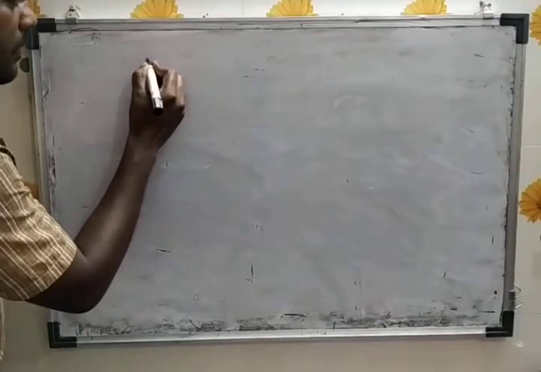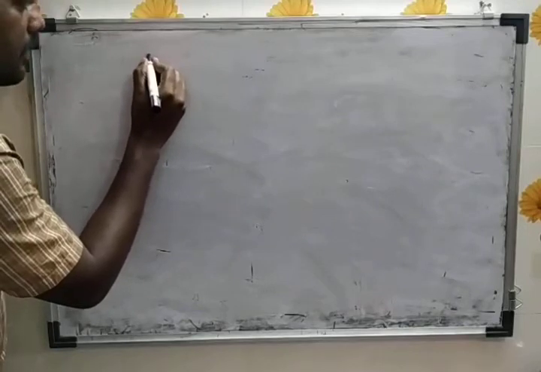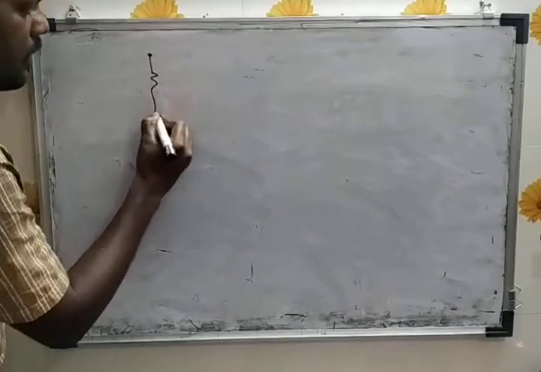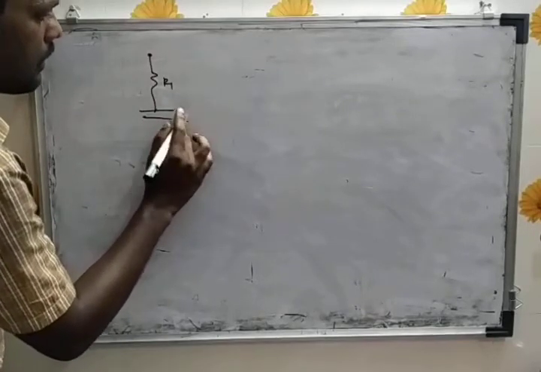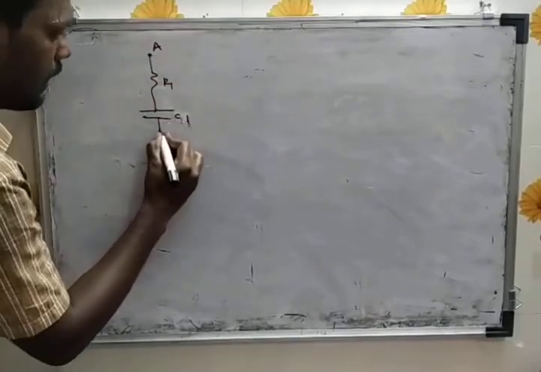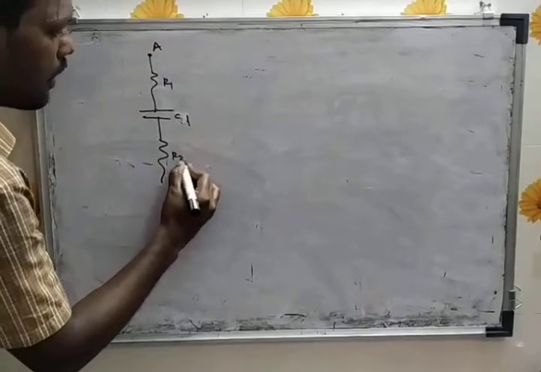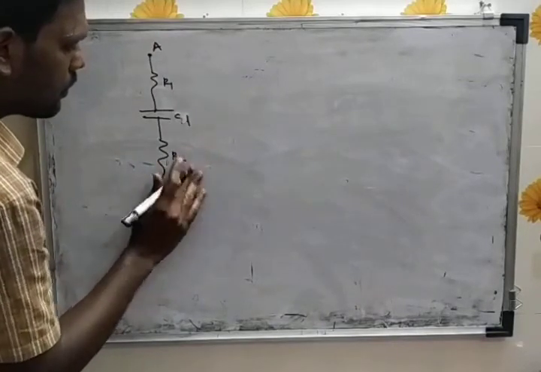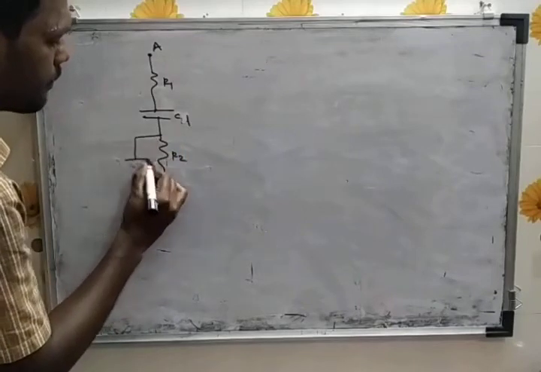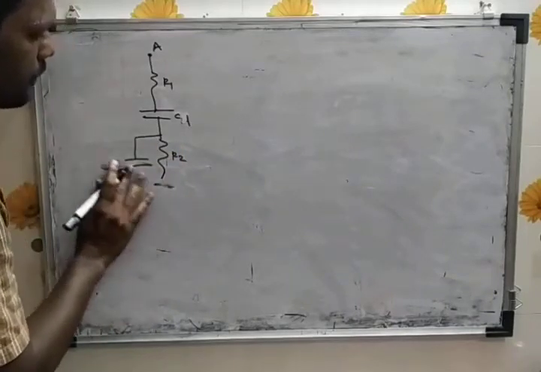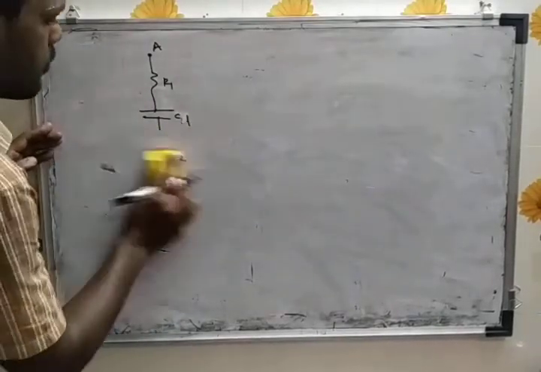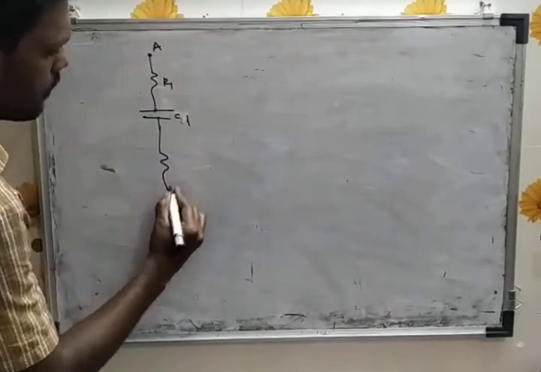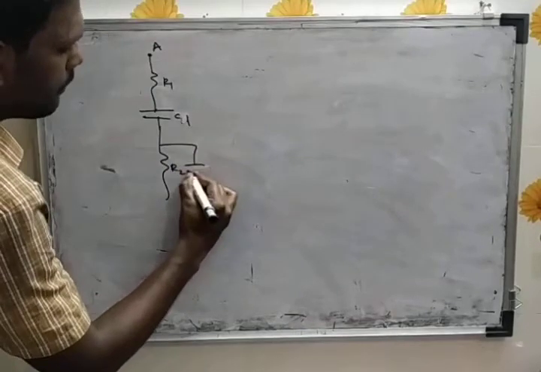The two arms of the Wien bridge circuit: from point A we have R1 and C1 in series, and R2 in parallel with C2.